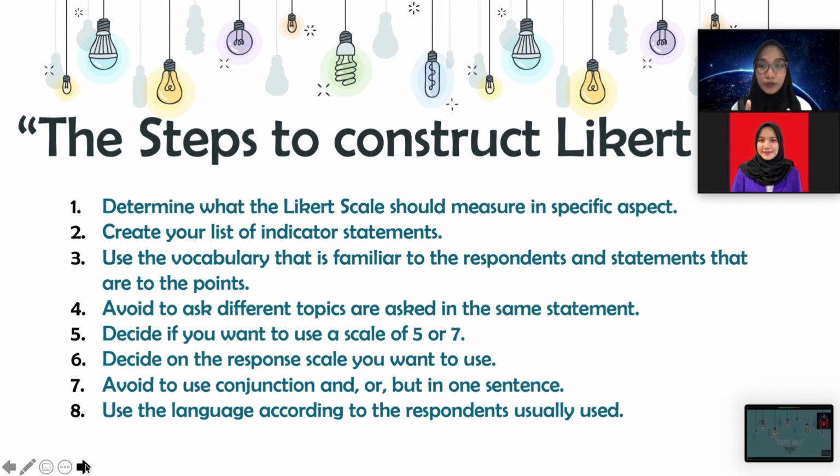It depends on you. And the next is decide on the response scale you want to use. And the next is avoid using conjunctions such as and or but in one sentence, because it will make the respondents confused to answer, because they don't know the context of the statement given. And the last is use the language the respondent usually uses.